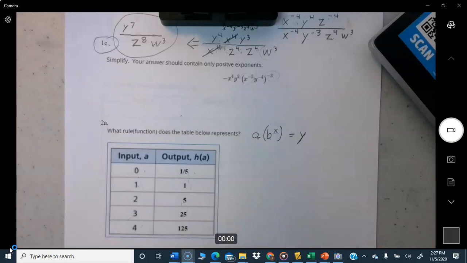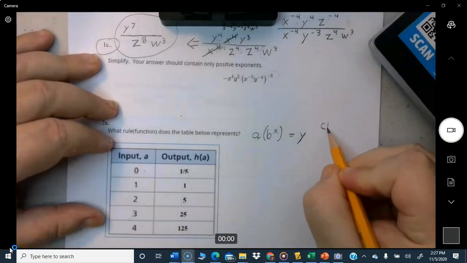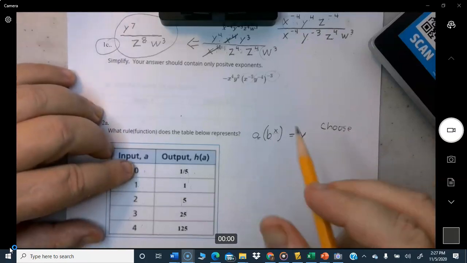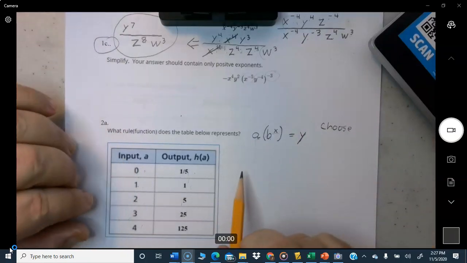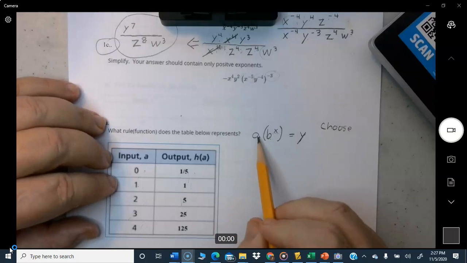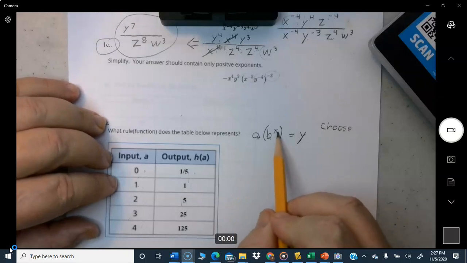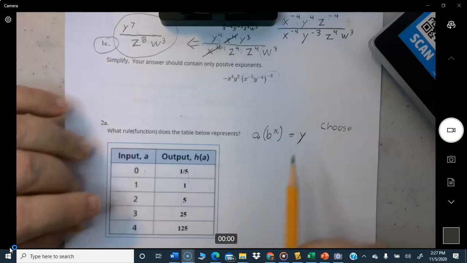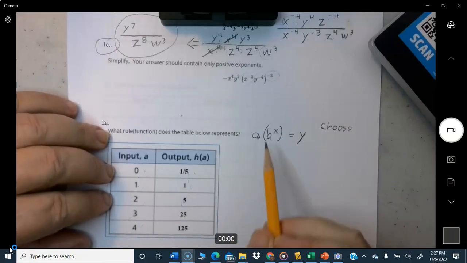And so the rule for this is to choose the two you want to start with to figure out what a and b are in this equation. So you're going to have some number here raised to the x power equals y. You can put in any value of x you want and come out with some value of y because you know a and b.